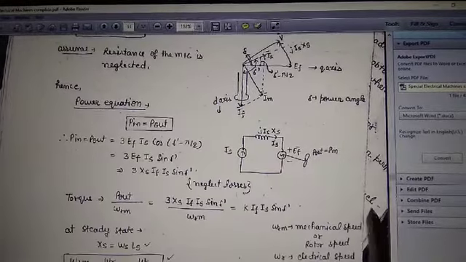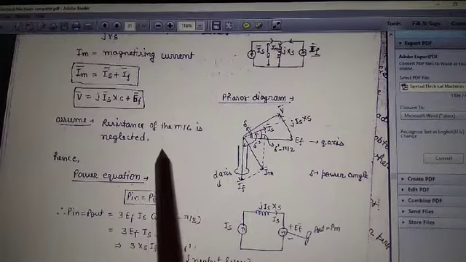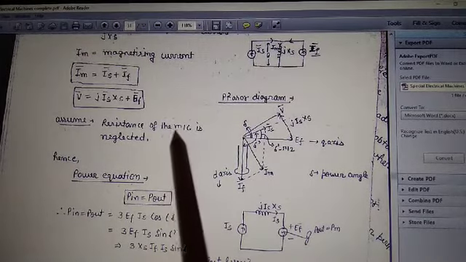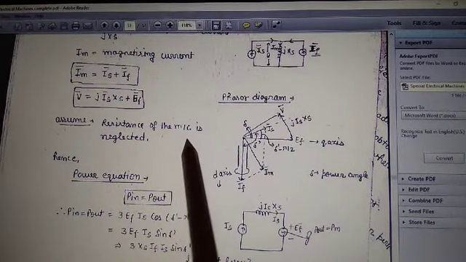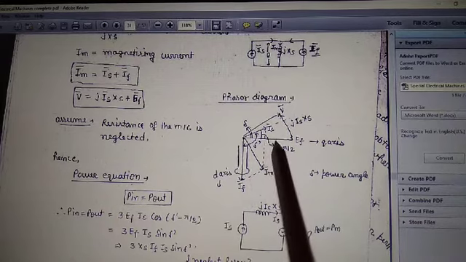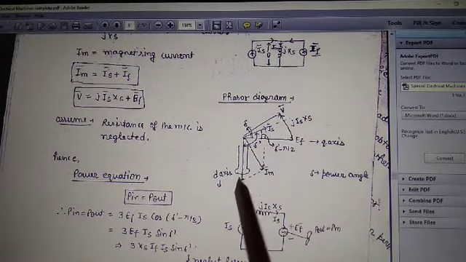Now come to the phasor diagram. In the phasor diagram, we neglect the resistance of the machine, since the resistance is small, and we discuss with the synchronous reactance. This is your D axis.